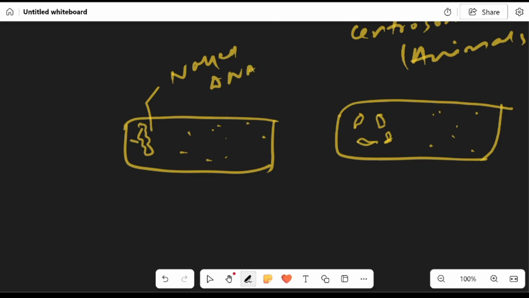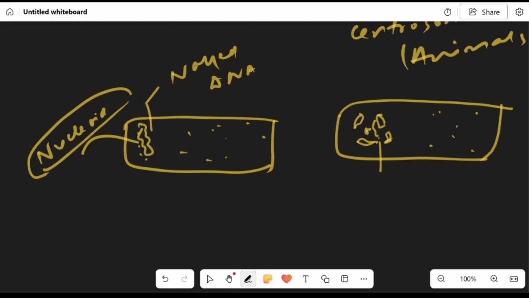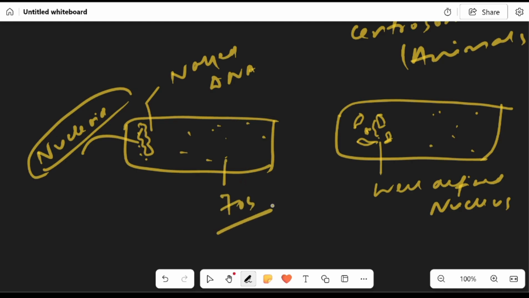And the site where this naked DNA is found is known as nucleoid. Here we have DNA surrounded by nuclear membrane. So here we have a well defined nucleus. Nucleus is surrounded by nuclear membrane, and here the ribosomes are 70S and here the ribosomes are 80S.